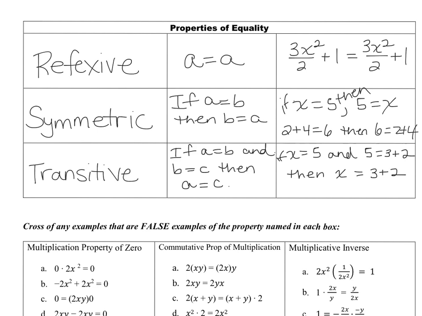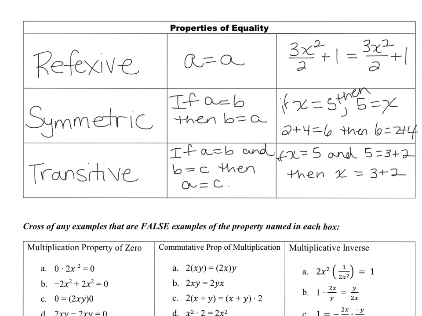So basically, if one thing equals something, and that something equals something else, then the first thing you started with must also equal the last thing. And that's called the transitive property.